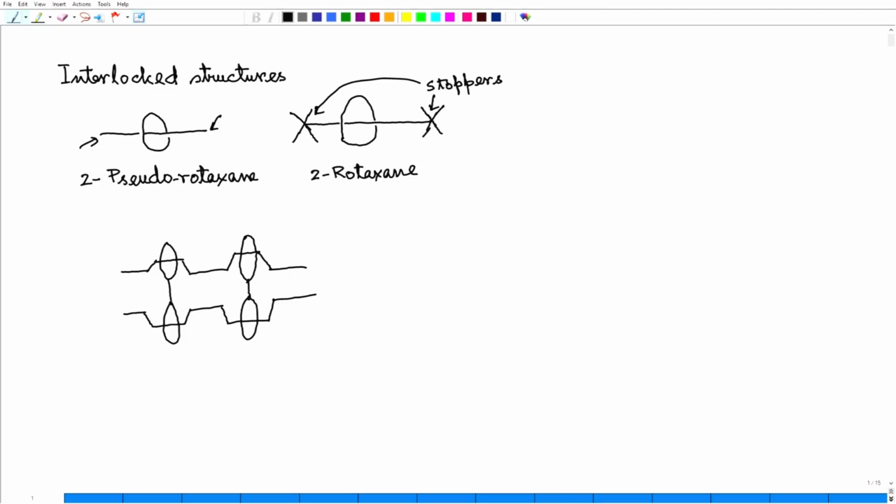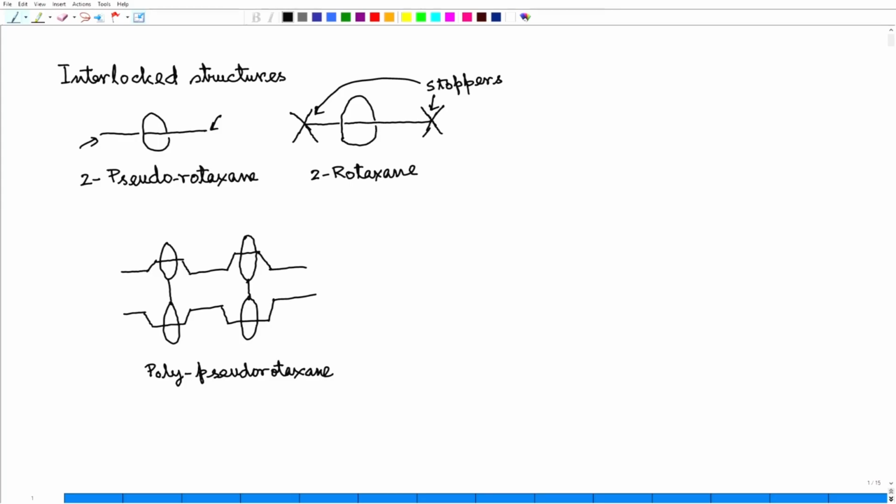So, this we will call poly pseudo rotaxane. How is this formed?